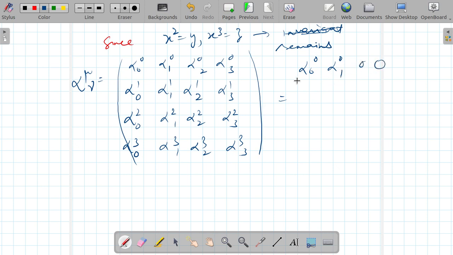Rest of the terms will vanish. Alpha 1 0, alpha 1 1, this is 0, this is 0, 0 0 1 0, 0 0 0 1.